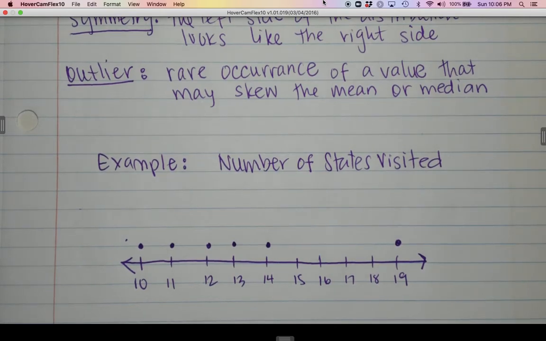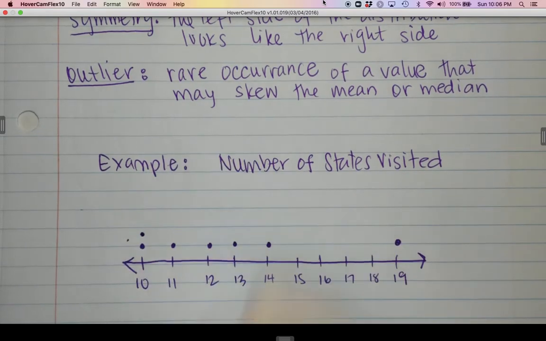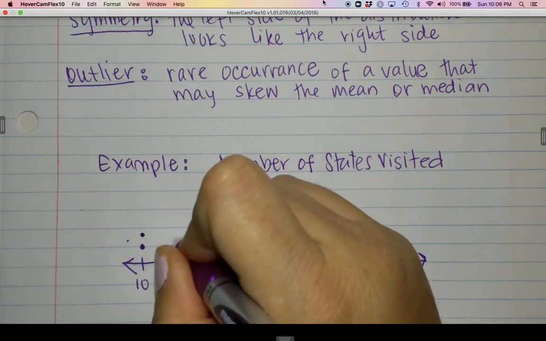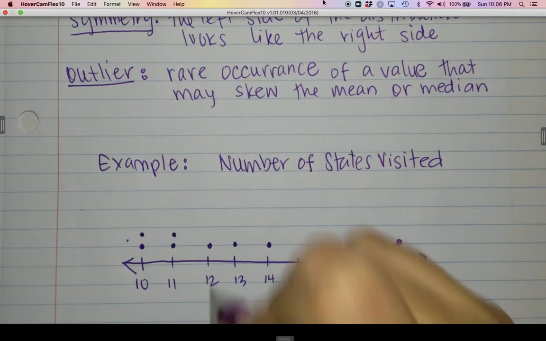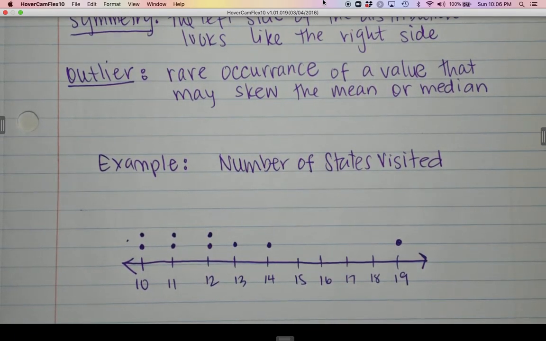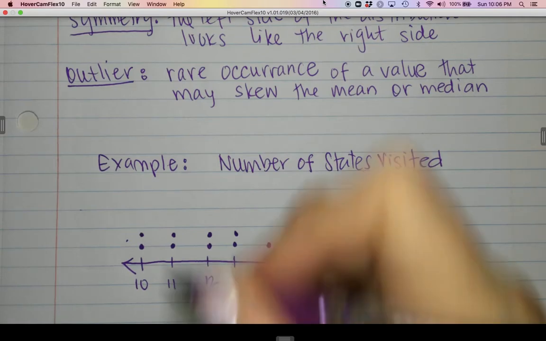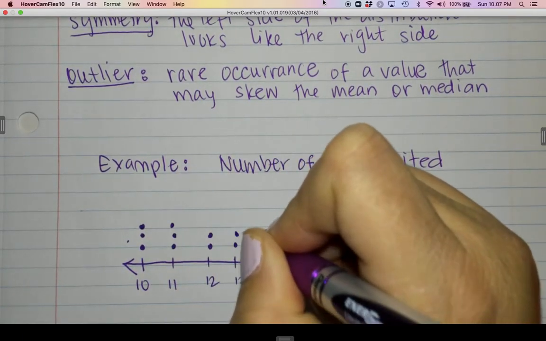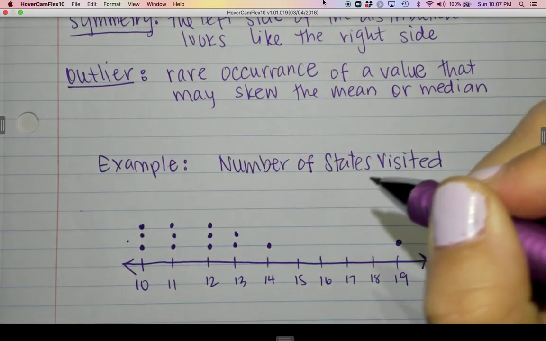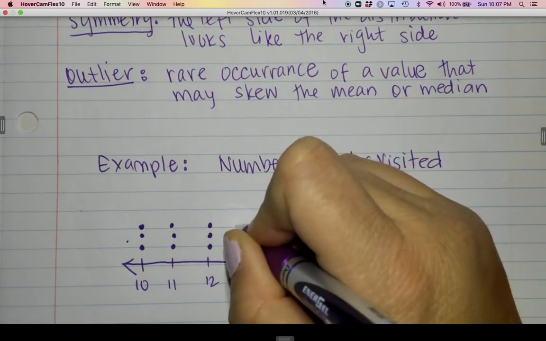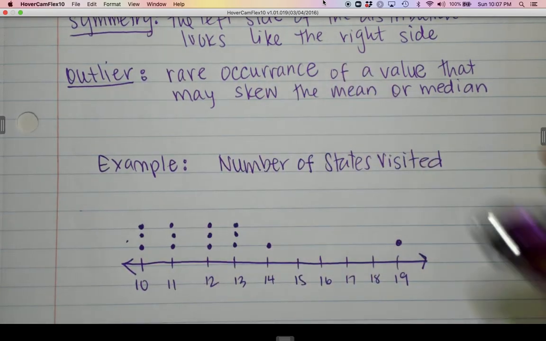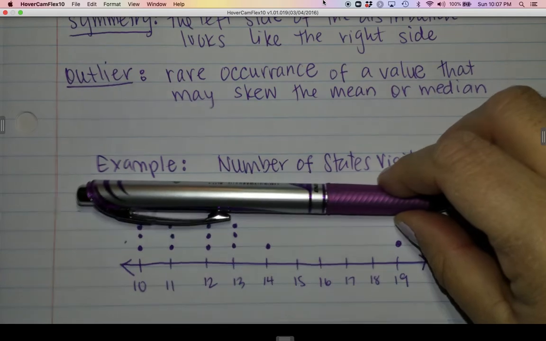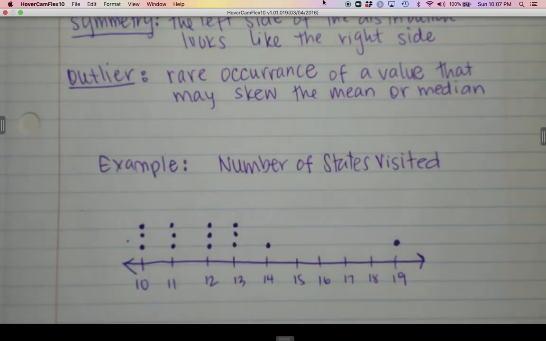My data also includes 2 at 10, 2 at 11, 2 at 12, 2 at 13, and that's it. Now it's 3 at 10, 3 at 11, 3 at 12, and 3 at 13. And remember, I want my dots to be as lined up as possible so I can really see it.